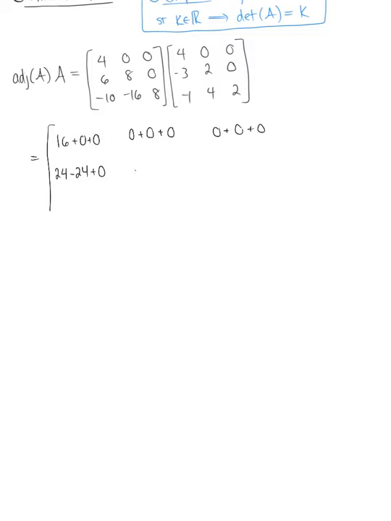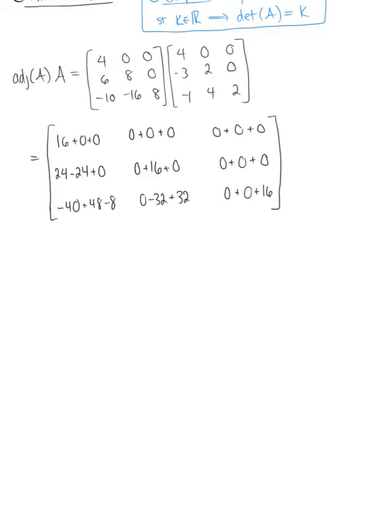Moving to the second column, we have 0 plus 16 plus 0. And the third column, we have 0 plus 0 plus 0. Now taking the third row of the adjugate of A, we have negative 40 plus 48 minus 8. We then have 0 minus 32 plus 32. And last but not least, we have 0 plus 0 plus 16.